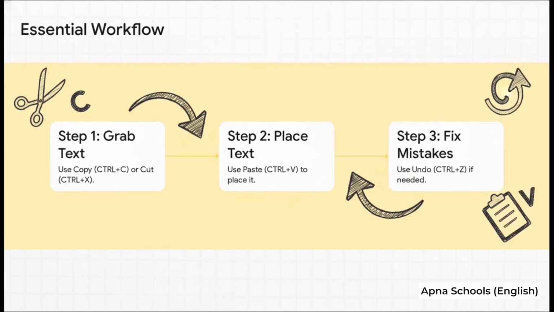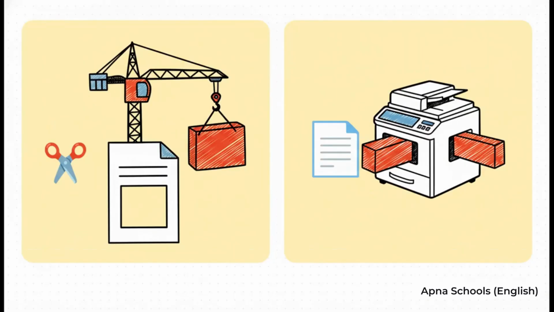Now, these next few shortcuts, they're not just individual tools. They actually work together like a seamless little team. You can think of this as the core workflow for moving information around. It's like a three-step dance that's going to become second nature in no time. So first, you've got to decide: are you moving this text or are you duplicating it?